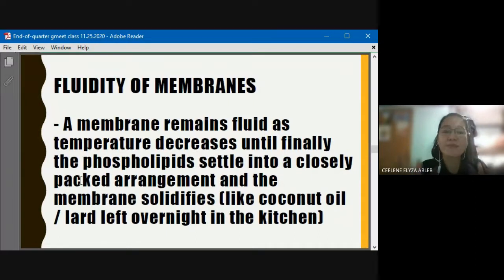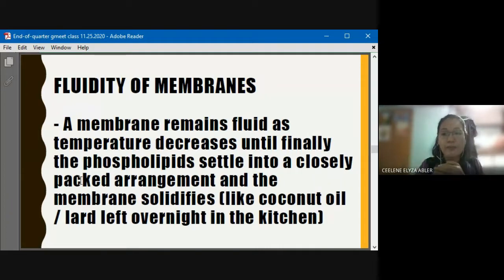So class, ganito. The cell membrane actually remains fluid as your temperature decreases. Pero, there is a certain temperature that the cell can actually maintain its fluidity. Kapag it's too malamig, kaya nga namamatay ang tao sa sobrang lamig na temperature, it's because they will pack closely together.